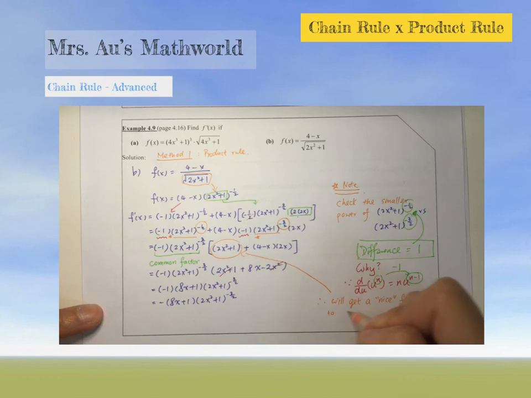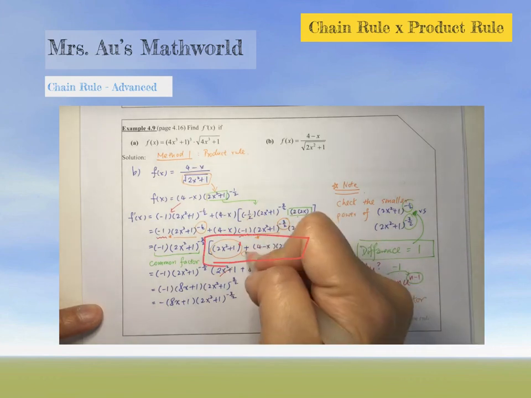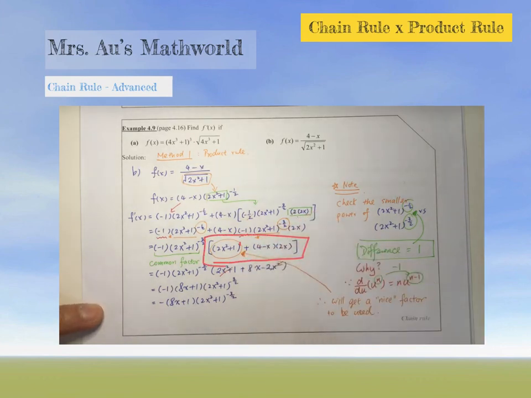So you can always handle it, it must be power 1 here, so that you can always simplify the thing inside. Okay, so this is method 1 of using the chain rule together with the product rule. In the next part, we will do it with the quotient rule by using the same question.